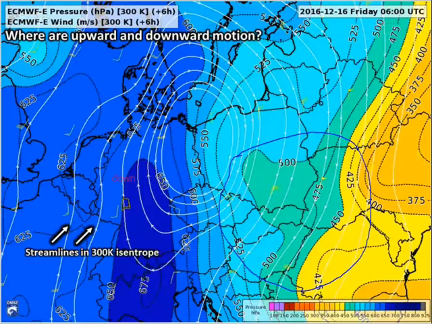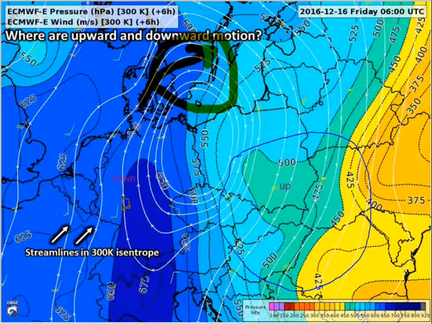In this place, we can see that the streamlines go from higher pressure to lower pressure, so it must be upward motion. But from here, above the Czech Republic, the air is moving downward because it moves from lower pressure to higher pressure.